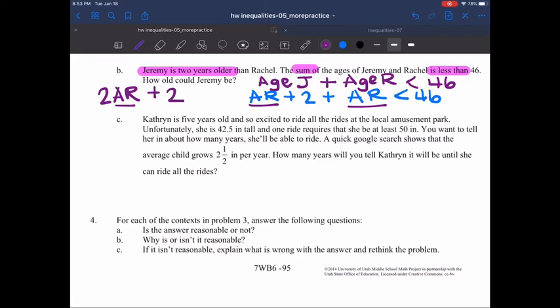Plus 2, this is my 2 right here, is less than 46. Now, you can set that up and solve it. On this problem, I will caution you though, you need to pay attention to what question it's asking you and what that variable that you're solving for actually means before you give your final answer.